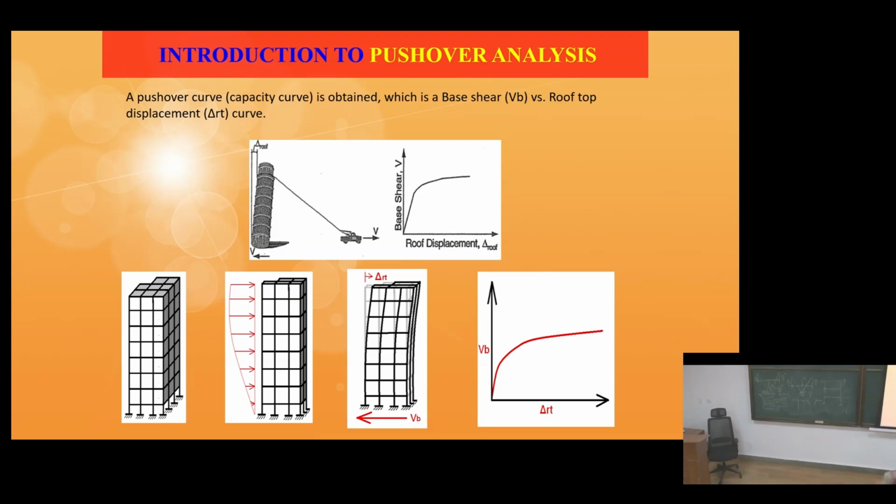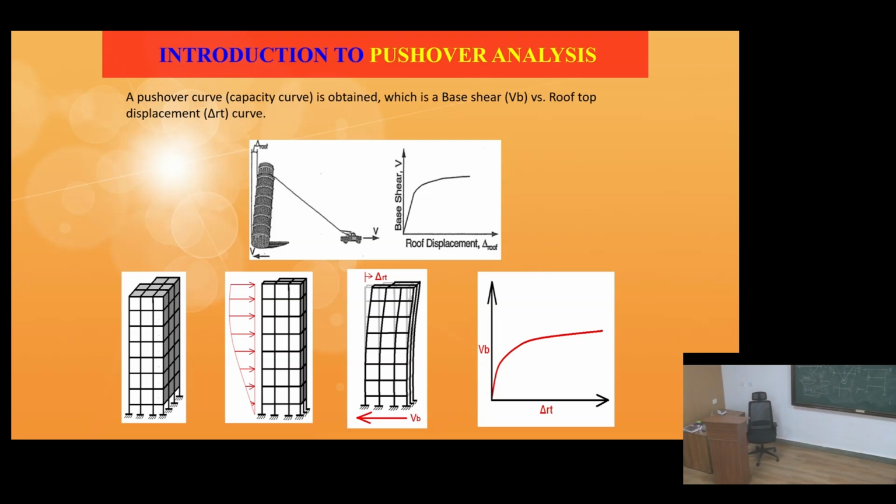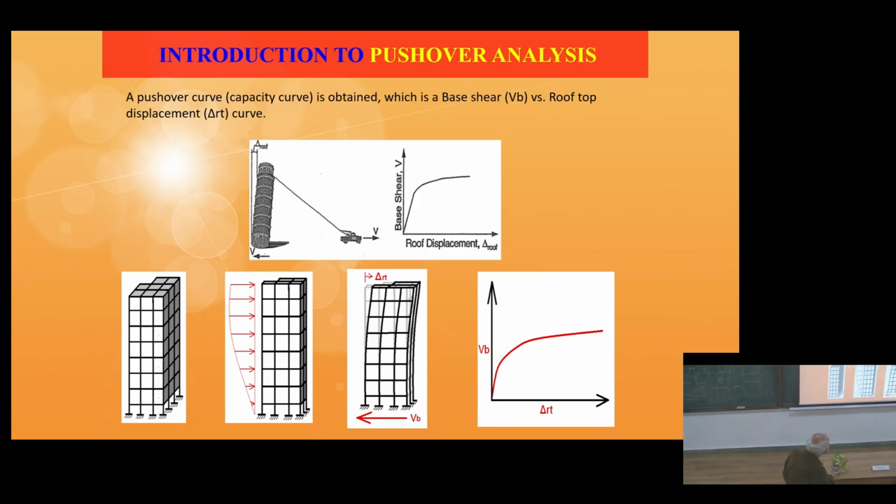But it may be possible to push or displace it in such a way that the displacement of the floors have some predetermined relationship among them. I can push it that way as well. How we do that I will explain. And this is of course an asymmetric building, which is stationary.